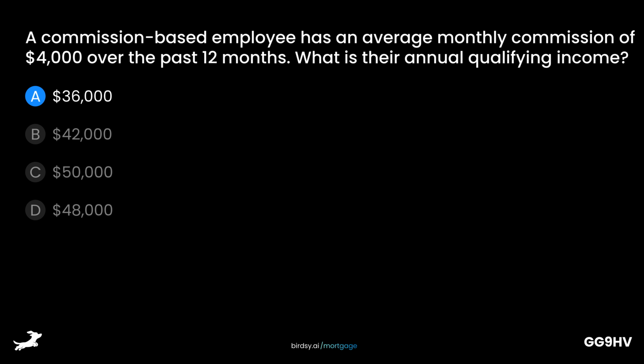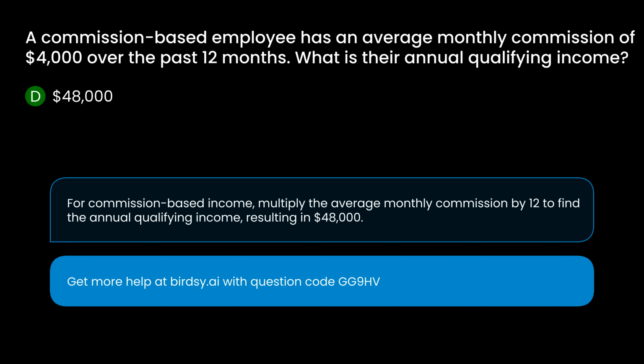Is it A, $36,000, B, $42,000, C, $50,000, or D, $48,000? The answer is D, $48,000. For commission-based income, multiply the average monthly commission by 12 to find the annual qualifying income, resulting in $48,000.